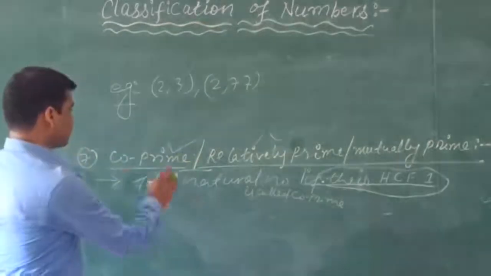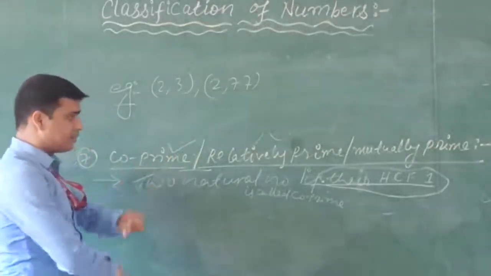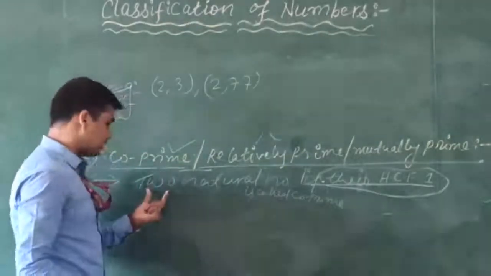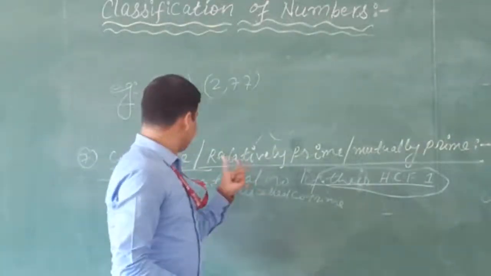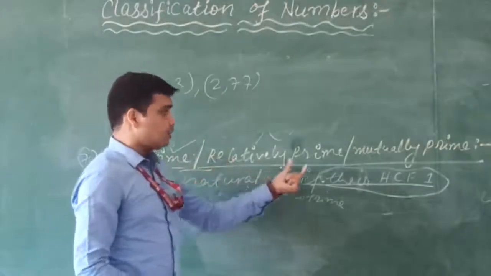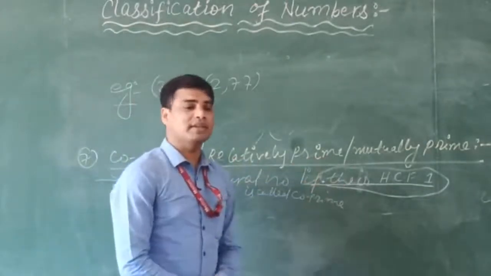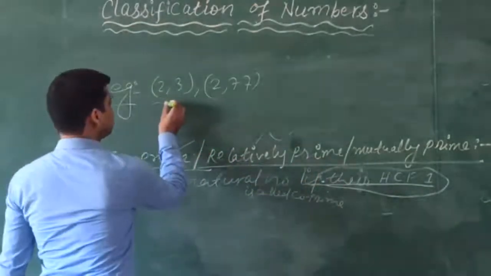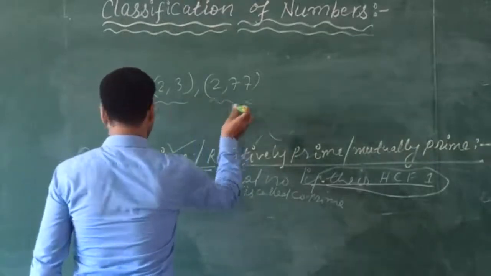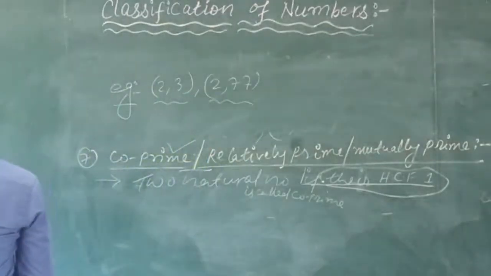So two natural numbers are called co-prime, or relatively prime, or mutually prime, if their HCF is 1. Here the HCF is 1, and here also the HCF is 1.